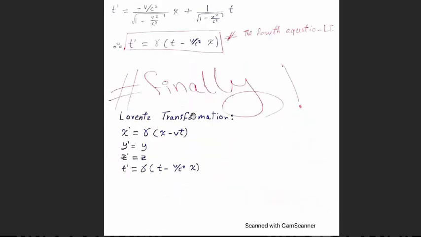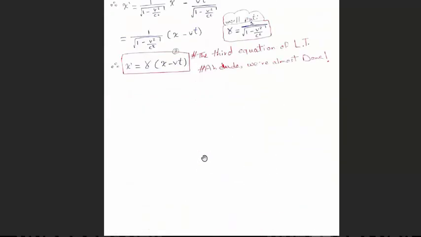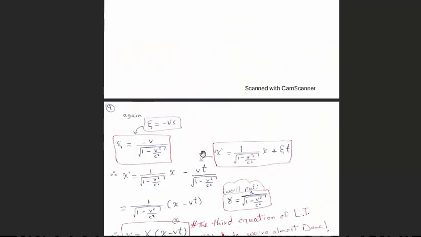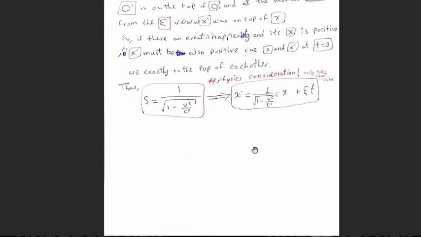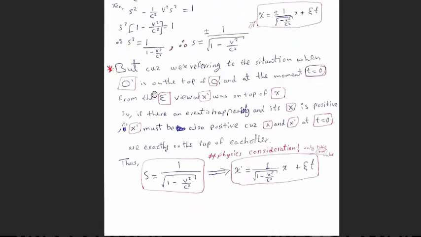Here is another point to add: in this proof we are not saying that these transformations are only valid when O dash is on top of O and time is equal to 0. No, these equations are universal, so they are valid for any moment, everywhere.